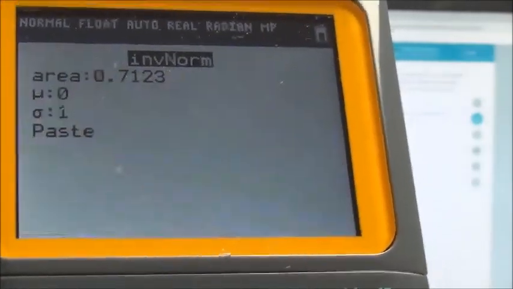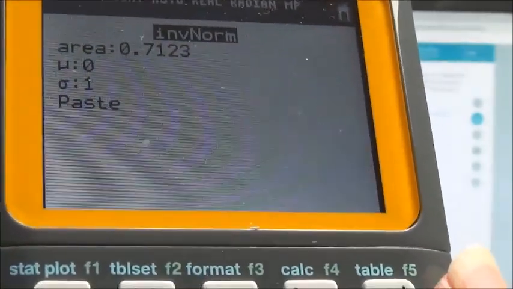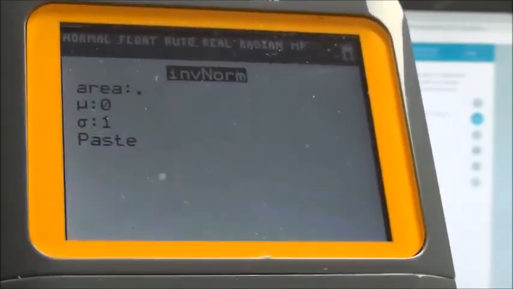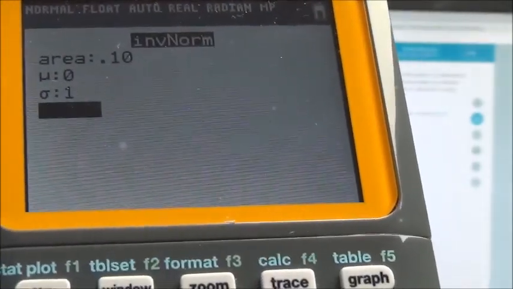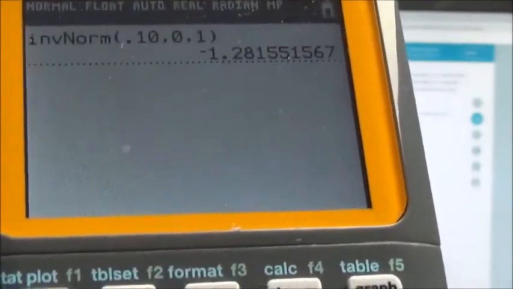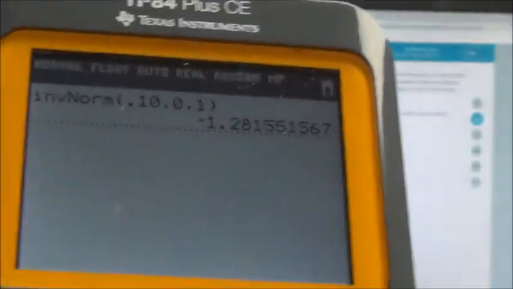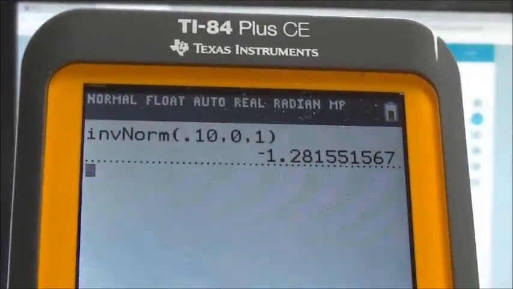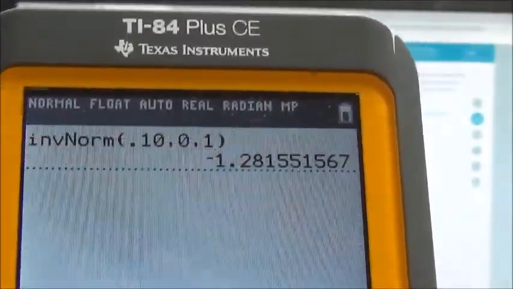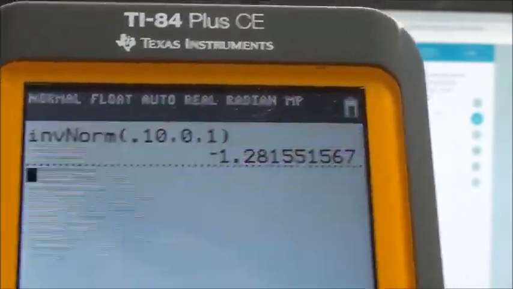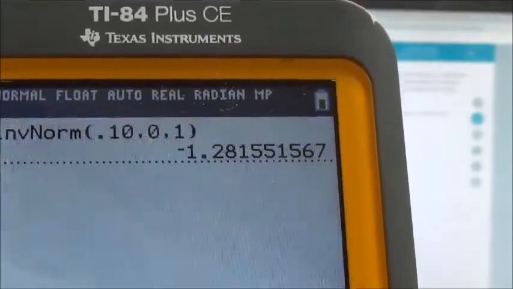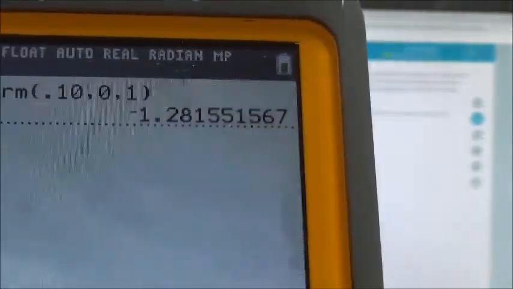And so I want to find my critical value there, 0.10, and I'm going to paste that in. And so my critical value there, you can see when I did inverse normal of 0.10, because I was doing the 10% for my alpha value, is negative 1.282. Negative 1.282 is what I get.